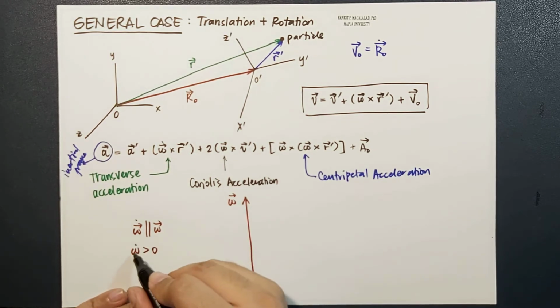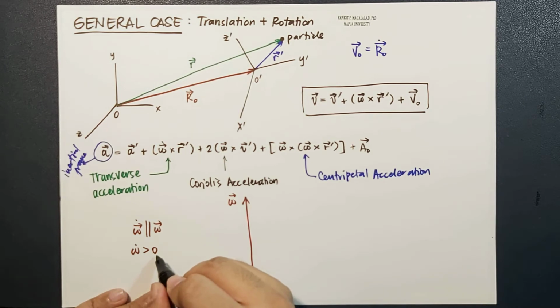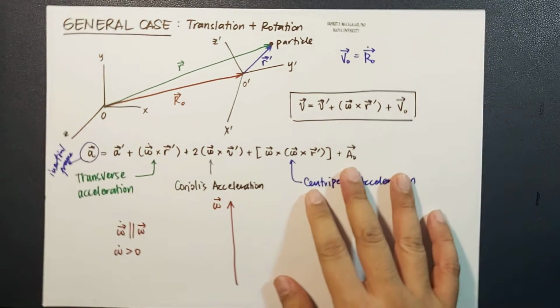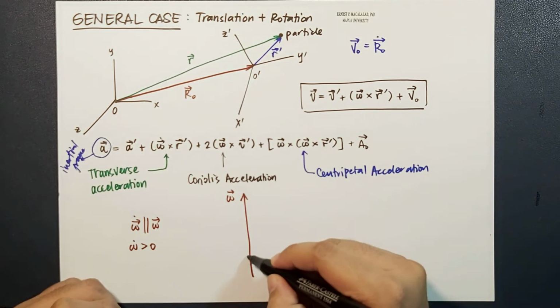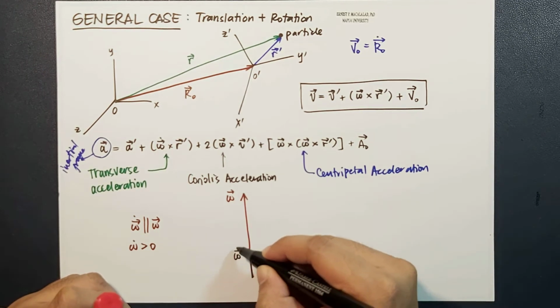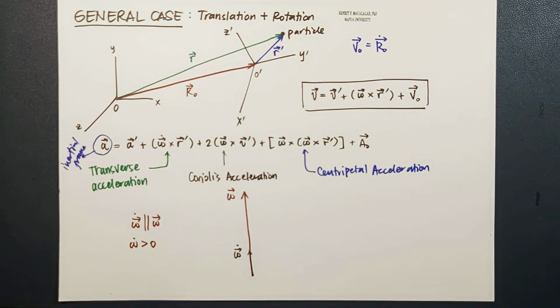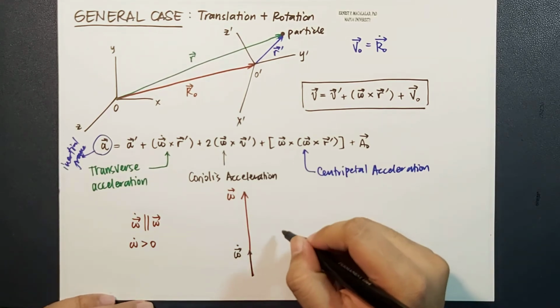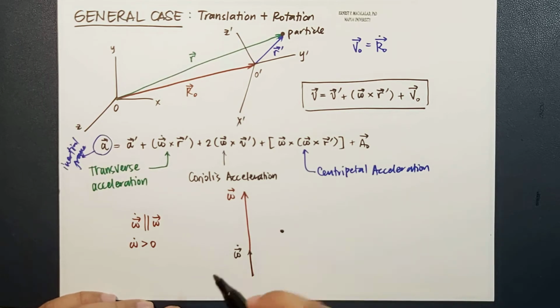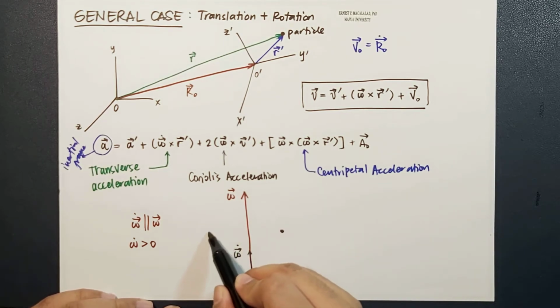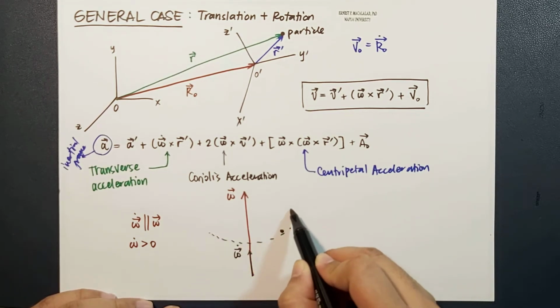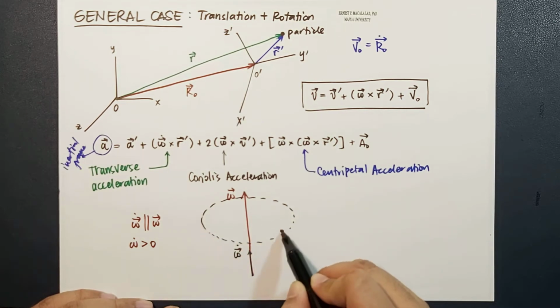That means the speed of the rotation increases. So again, this is your omega dot. Let's say this is your particle, moving in this direction.